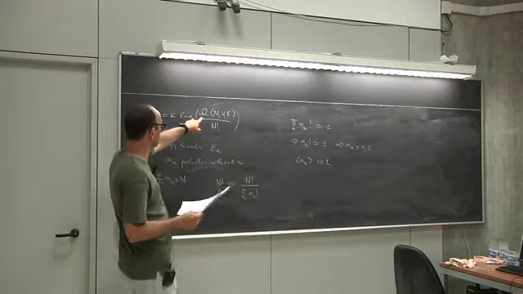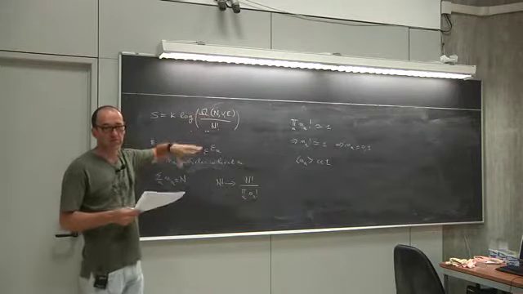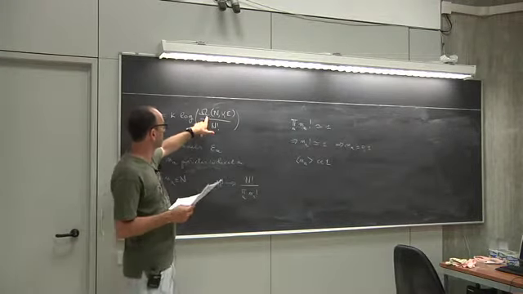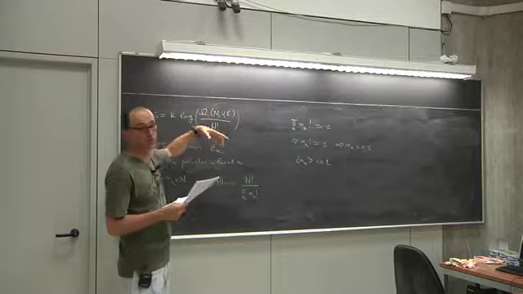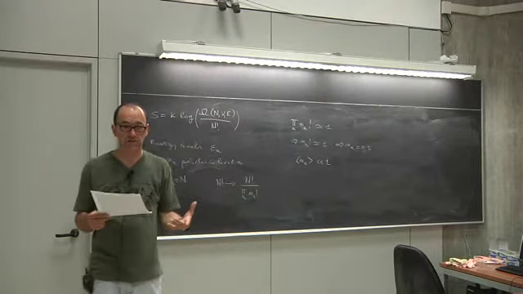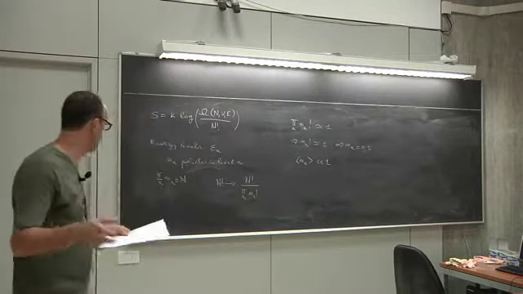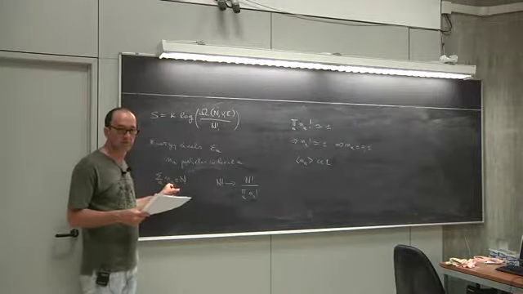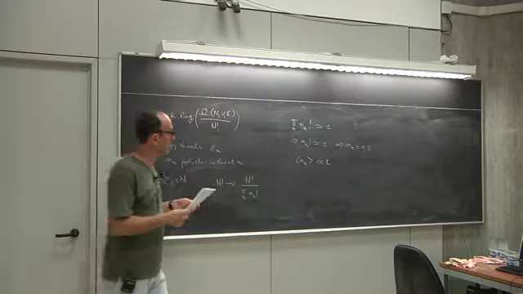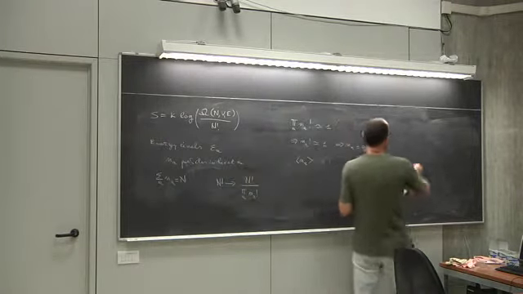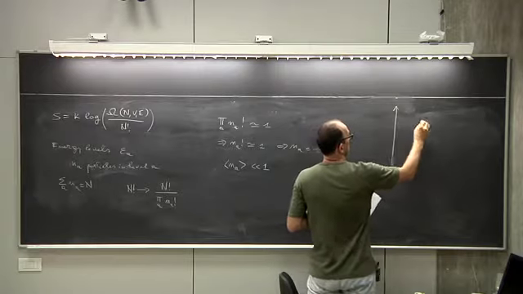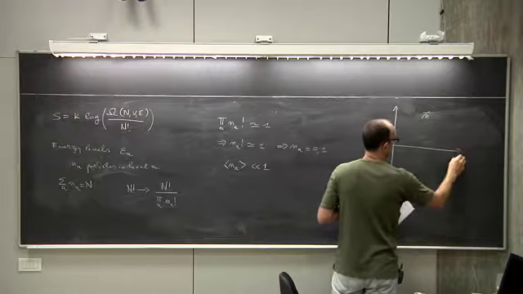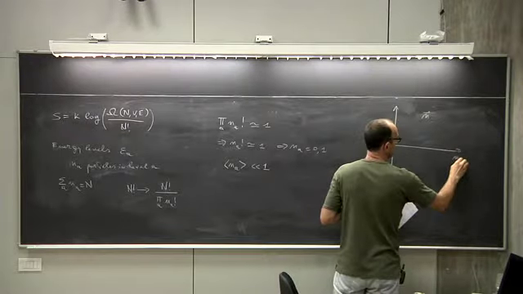So when we computed this number here, you remember we computed all the possible states. We have to compute all the possible states in which we can distribute N particles in these states. Okay, you remember our states? We did this plot where we had this vector n, say, of the occupation numbers of the states.